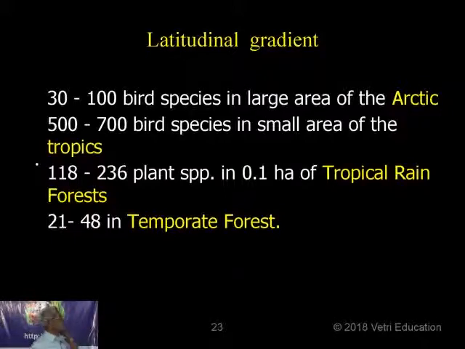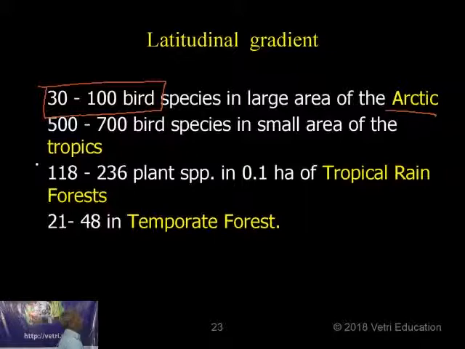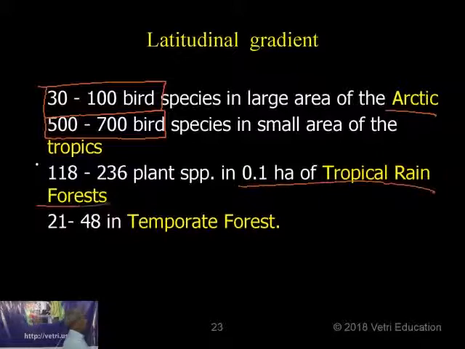In the Arctic regions, 3 to 100 bird species are there in a large area, and in the tropics 500 to 700 bird species in a small area. 118 to 236 plant species are there in 0.1 hectare of tropical rainforest. See, 21 to 41 in temperate forest.